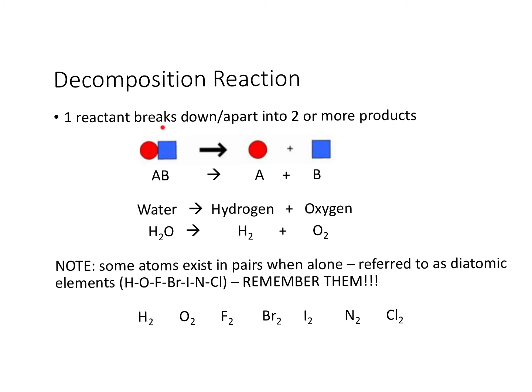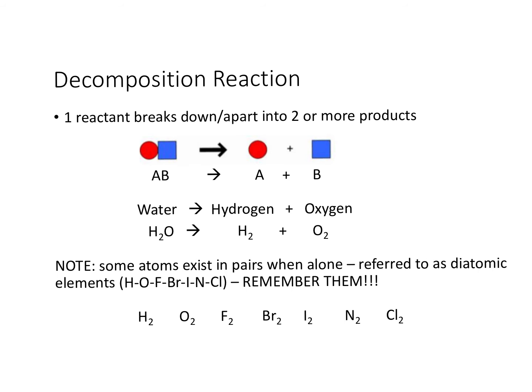And so this compound here is breaking down into a lone circle and a lone square. An example of that might be water can break down into hydrogen and oxygen. So we have water breaking down into hydrogen and oxygen. It's just taking that reactant and breaking it apart.